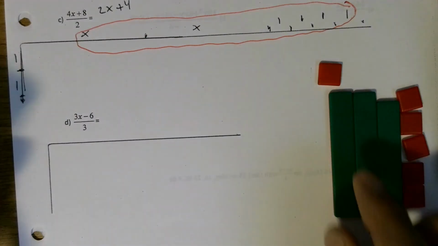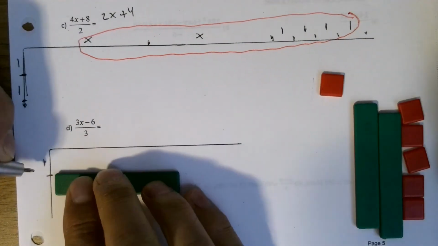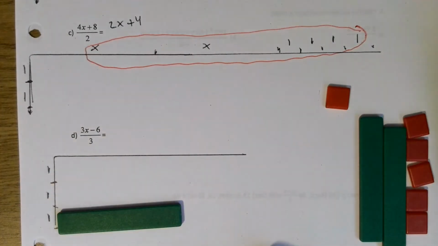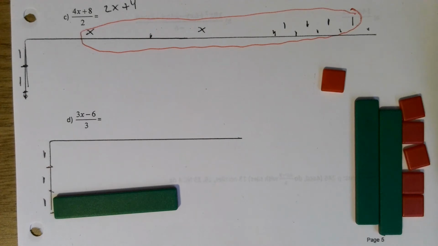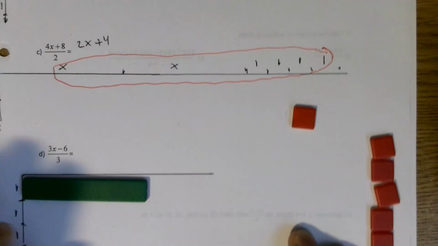And this time we're dividing by 3. So 1, 2, 3. Okay, that's step 2 done. Now I need to build my rectangle. Oops.